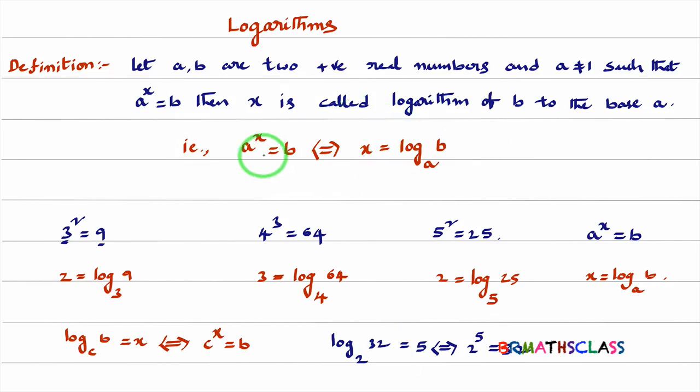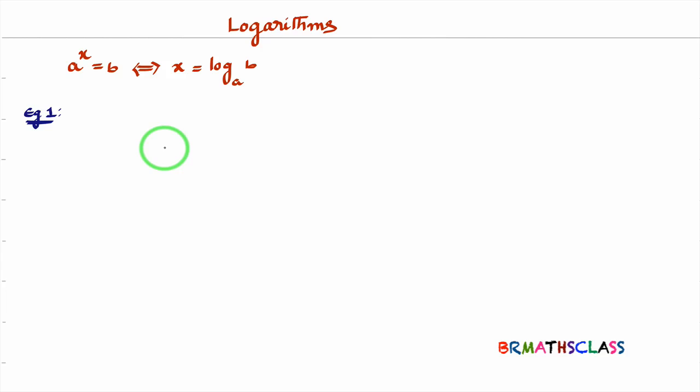An important point: a and b are positive real numbers and a is not equal to 1. Why a not equal to 1? We'll understand that in the coming examples. So what we learn is: when you see a power x equal to b, then x is called the logarithm of b to the base a.